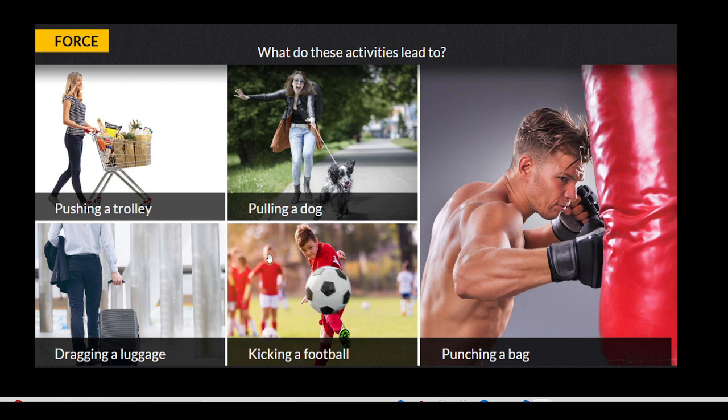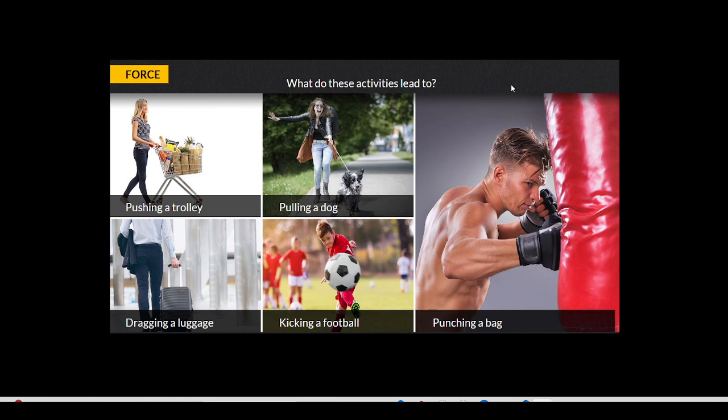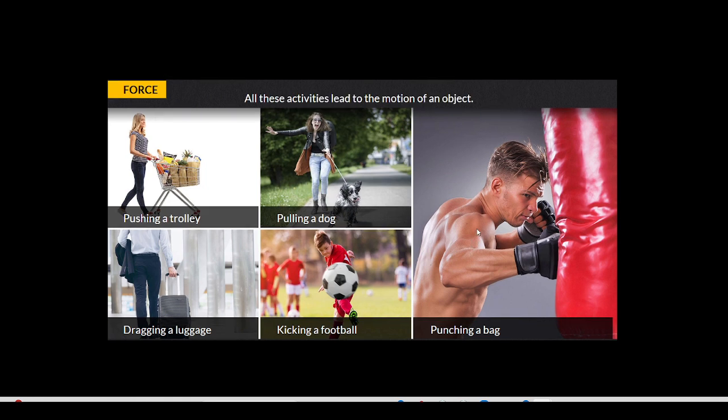What about pulling a dog? The dog would also move, right? Or dragging luggage, so the luggage would move. So basically all these activities lead to the motion of an object.